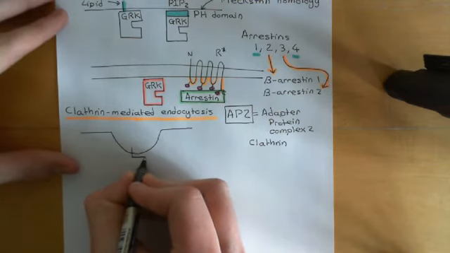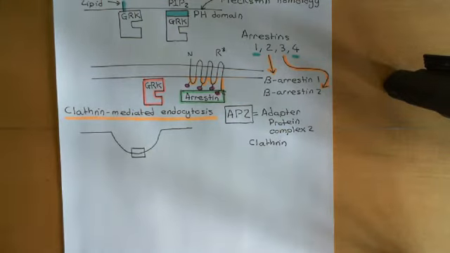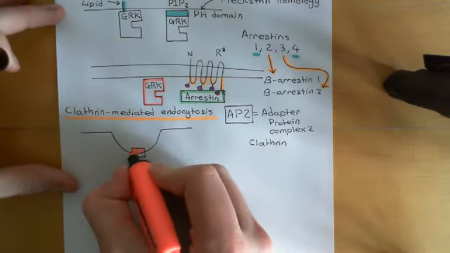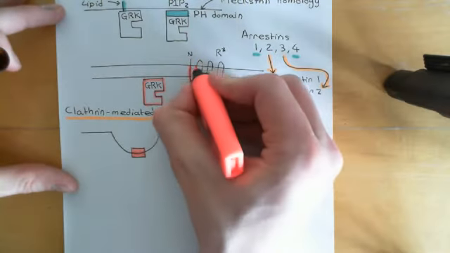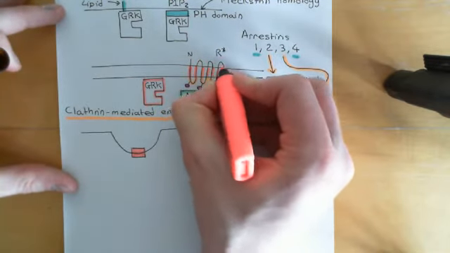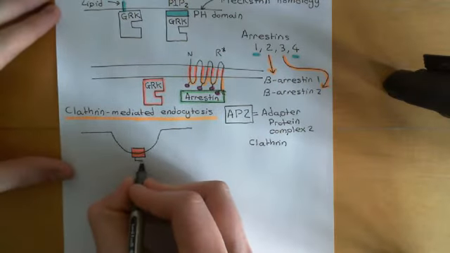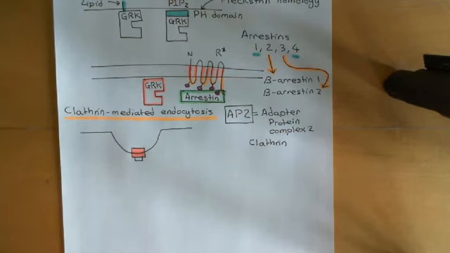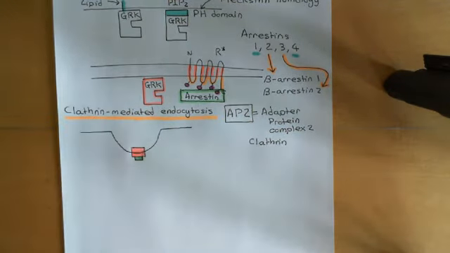Let's have our G protein coupled receptor now just shown as a blob. It's been demoted down to being shown just as a square here. So this is the G protein coupled receptor. I might colour this in red just to remind you. Then we'll have the arrestin bound underneath the G protein coupled receptor, here in green.